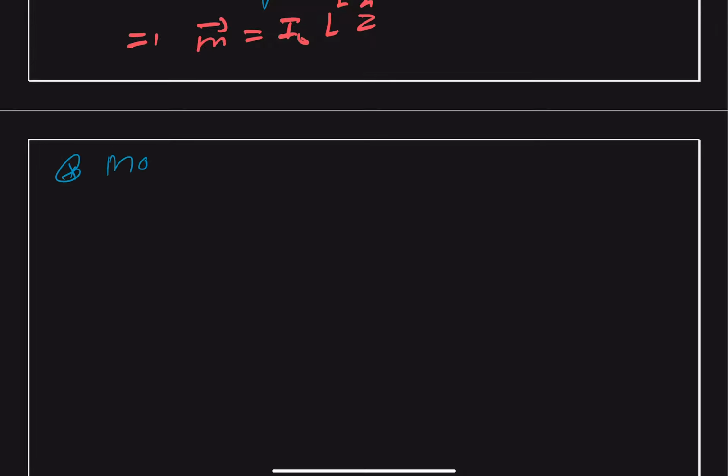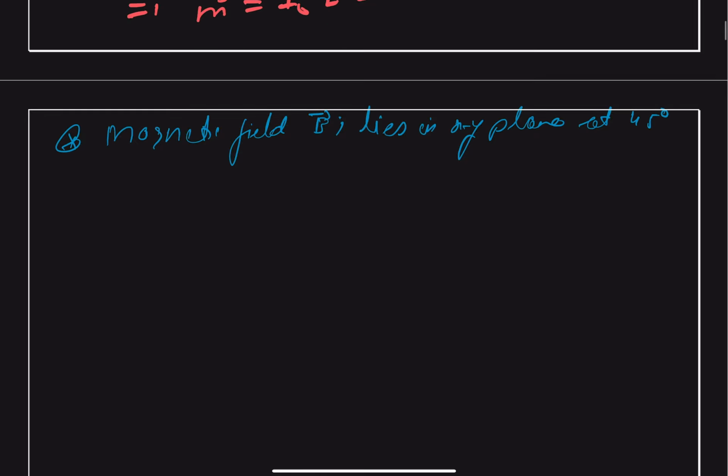So we have our magnetic field, that is B, and it lies in the xy plane at 45 degree to the x-axis.